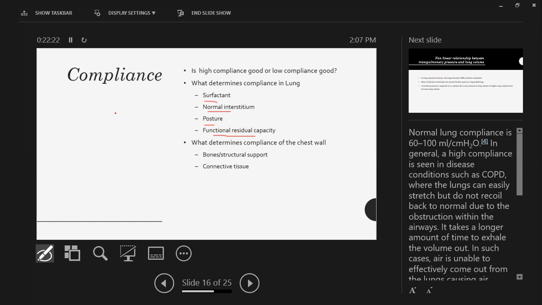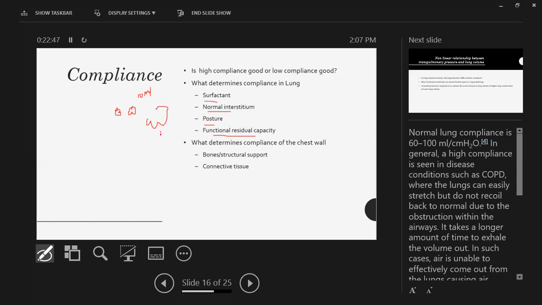Imagine neonatal respiratory distress, preterm respiratory distress. What happens in that? Lack of surfactant causes collapse of alveoli. So if the alveoli are collapsed, what happens? Let us assume you want to give 10 ml volume. Which do you think will be difficult?